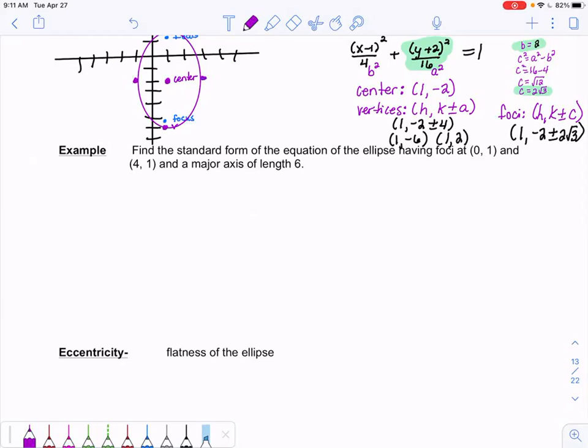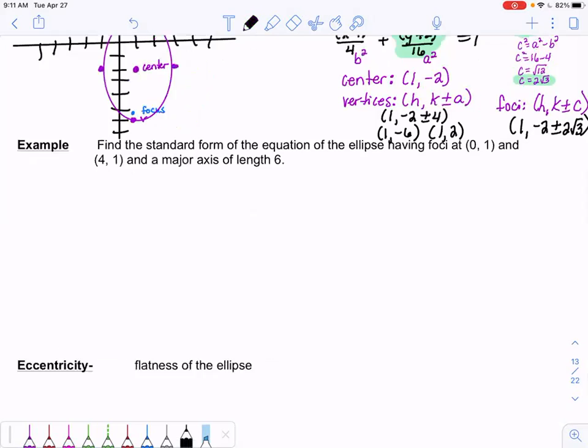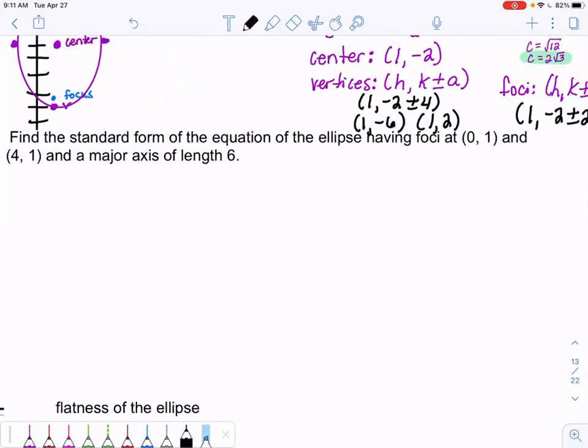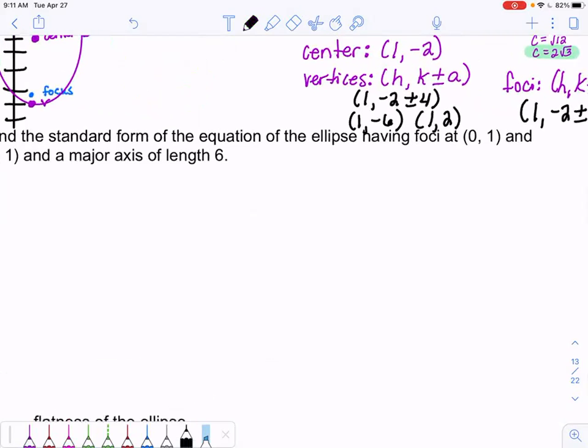All right, so looking at this problem, find the standard form of the equation if the foci are at 0, 1, and 4, 1. Let's start with that information first. What's probably the easiest thing, Darby, to do with that information? Yeah, so looking at the axis, if the x is changing, then it's horizontal.